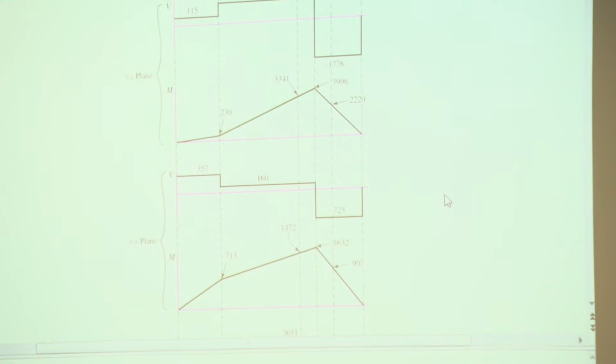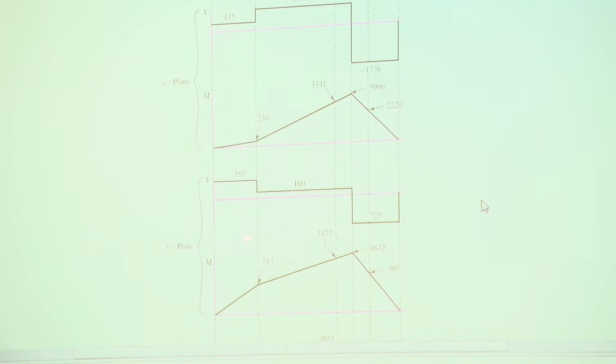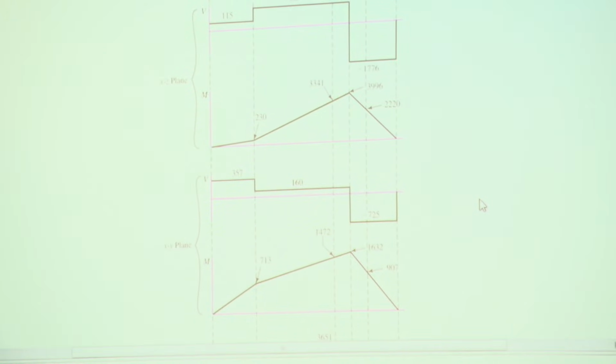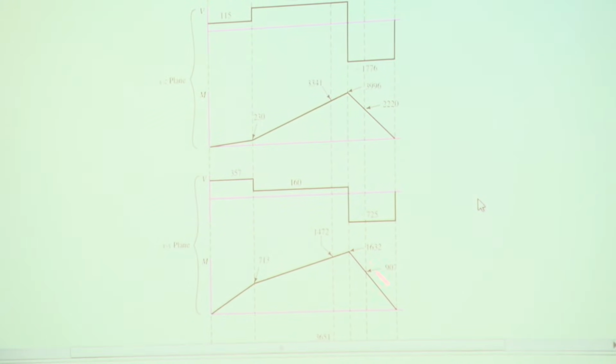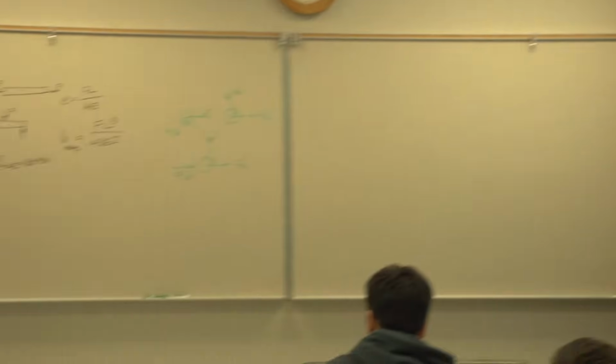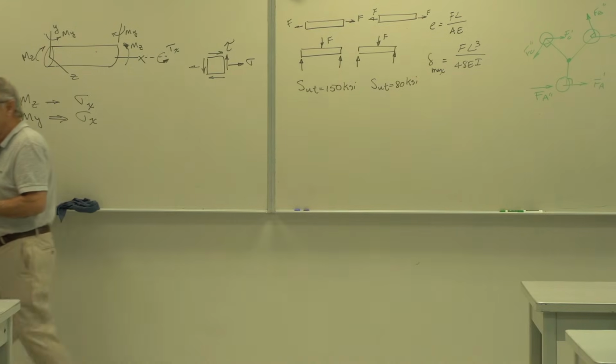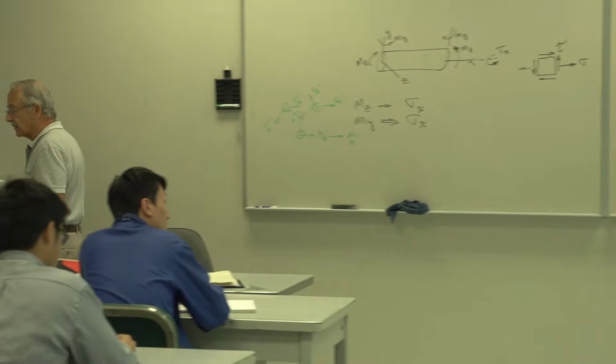So it's no big deal. But if it were the other way around and this here was larger, then you would combine that with this one vectorially, combine this one with the other one vectorially. That would be the total bending moment. Whichever of those two is larger would be the one that you would use to calculate the stresses.